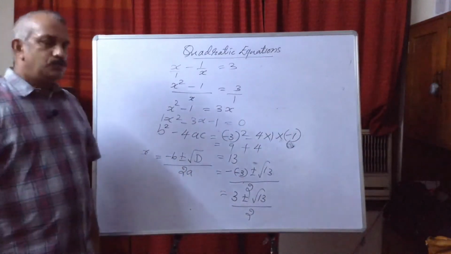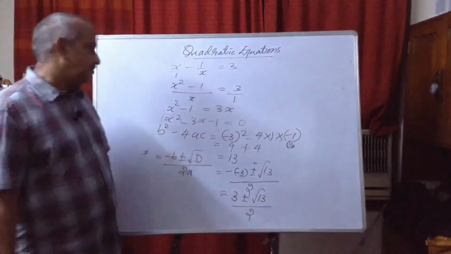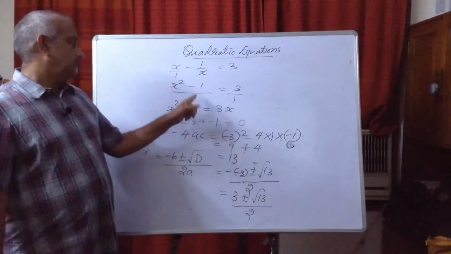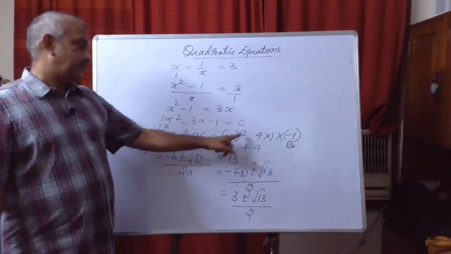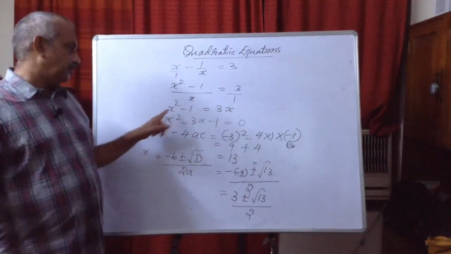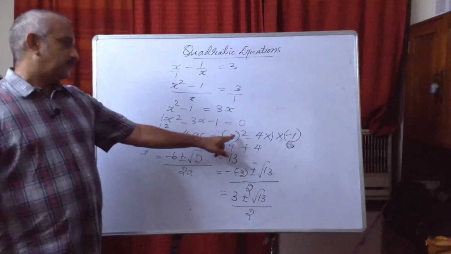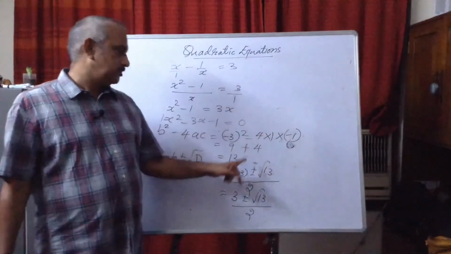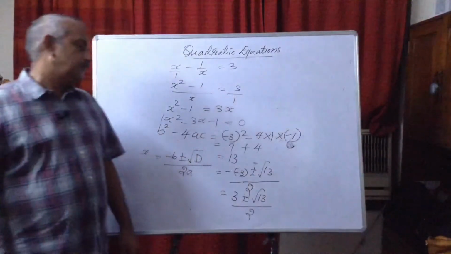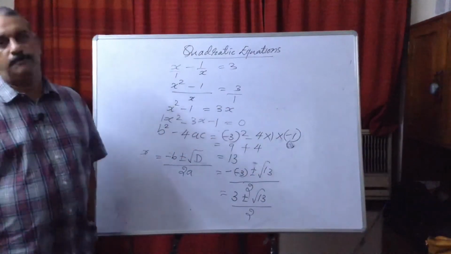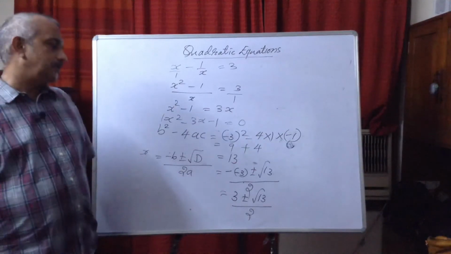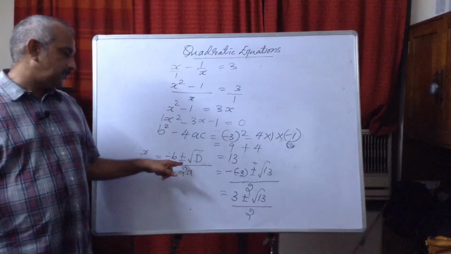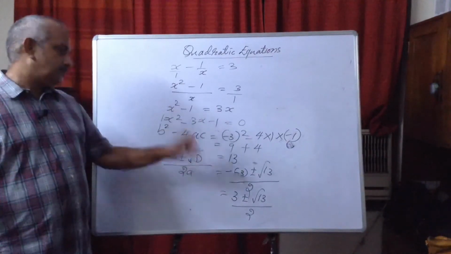Now to use the quadratic formula, first we'll find out b square minus 4ac. b square minus 4ac is equal to (minus 3) whole square minus 4 into 1 into minus 1. Minus 3 into minus 3 is 9. Two negative signs, plus 4 into 1 into 1, 4. So 9 plus 4, 13 we get. So D is 13. Now the formula is minus b plus or minus square root of b square minus 4ac.